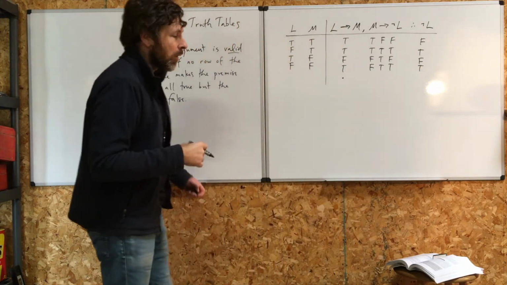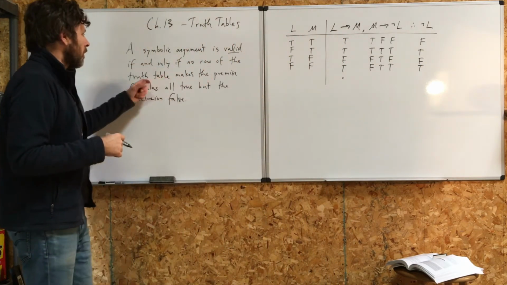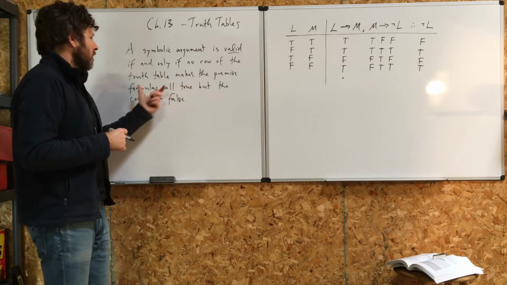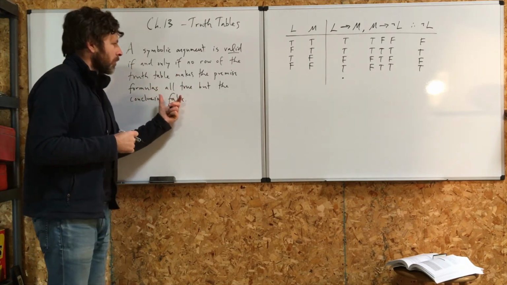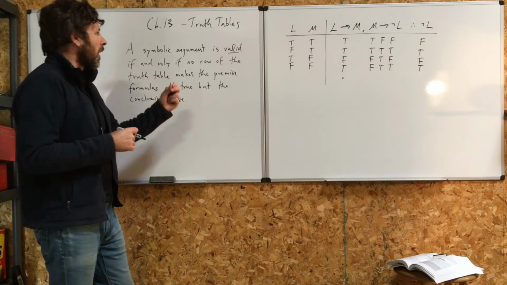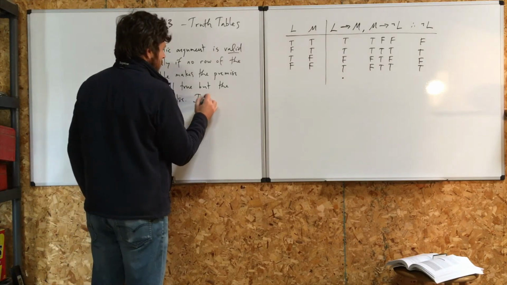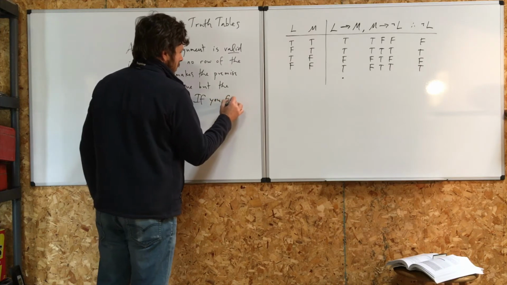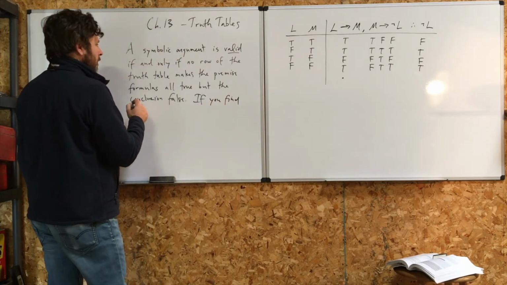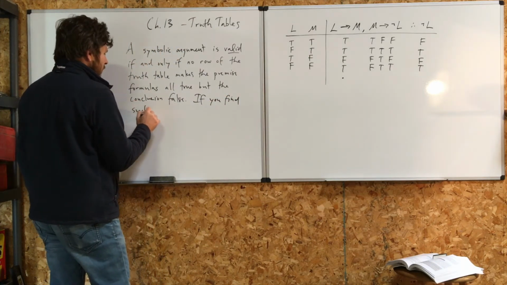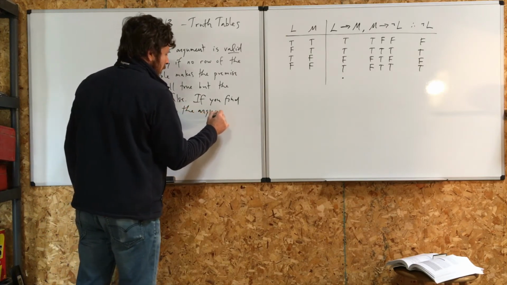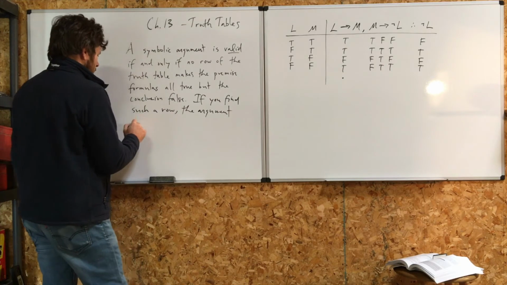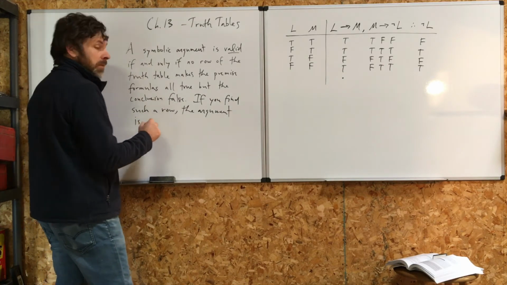Now what you look for is a row of the truth table that makes all the premise formulas all true, but the conclusion false. If you find such a row, okay, if you find such a row, the argument is, what is it?